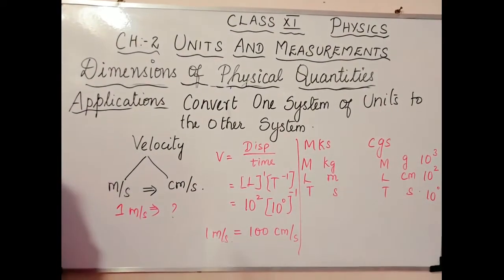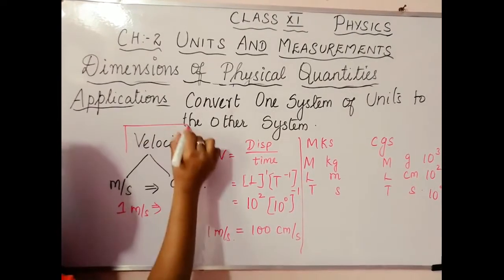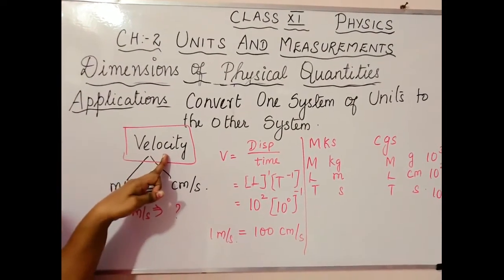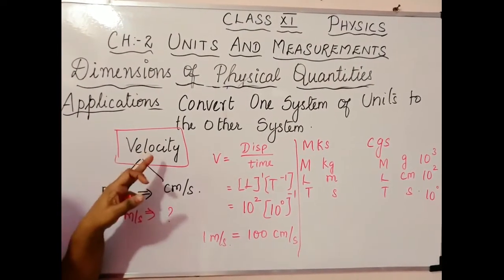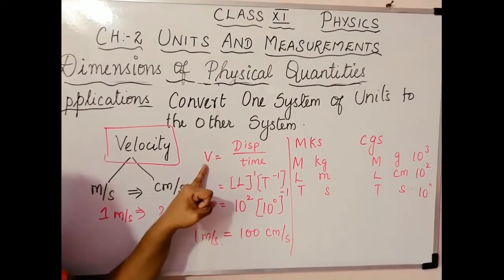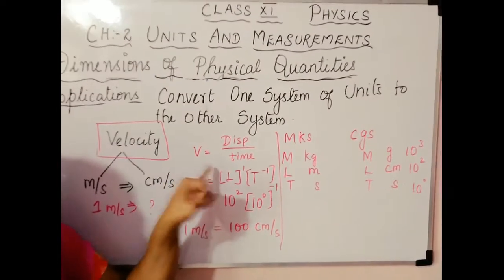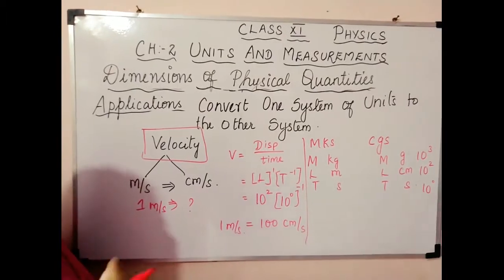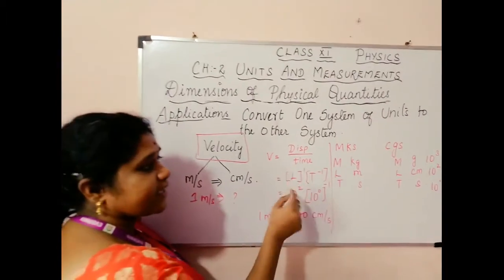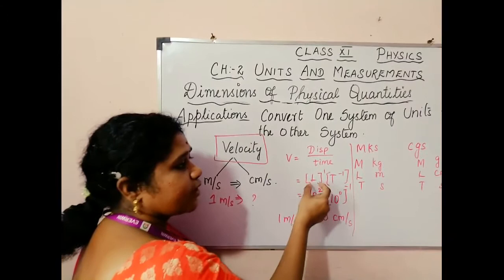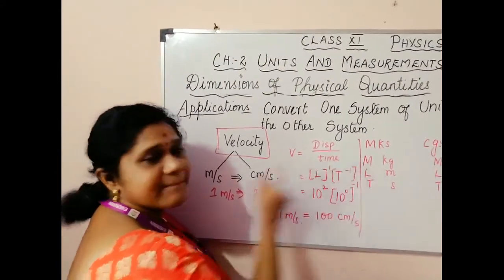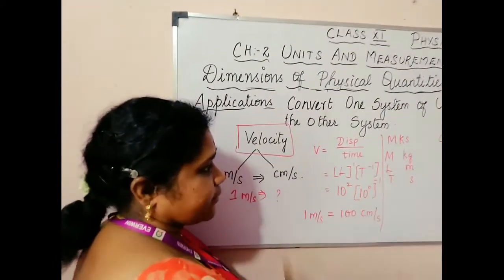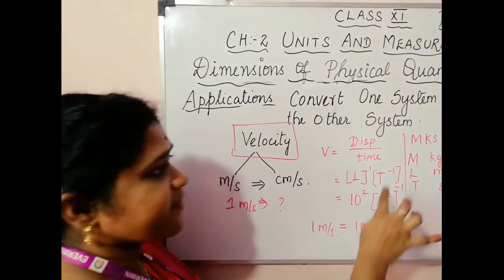For that, the first step is to find out the physical quantity whose units you are going to change. That is velocity. Velocity is equal to displacement by time taken. The dimensional formula for velocity is L power 1 T power minus 1, because displacement is L and time is T power minus 1.